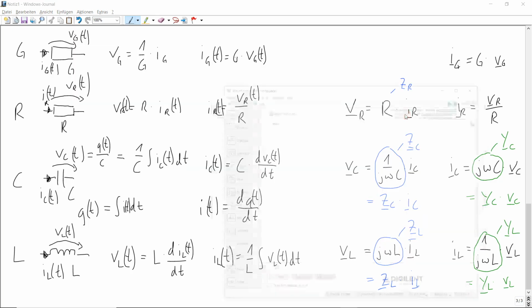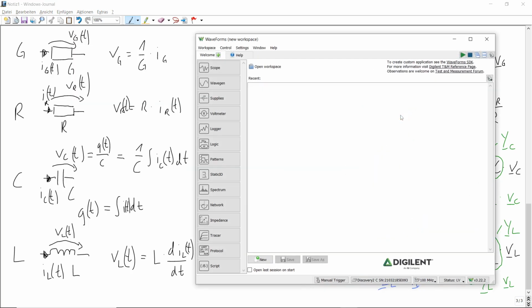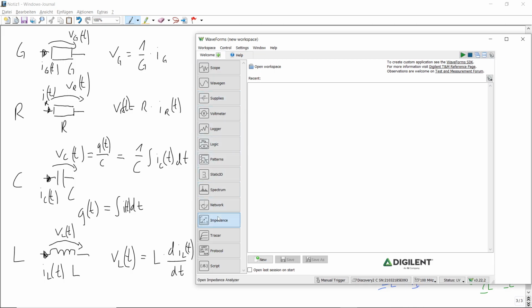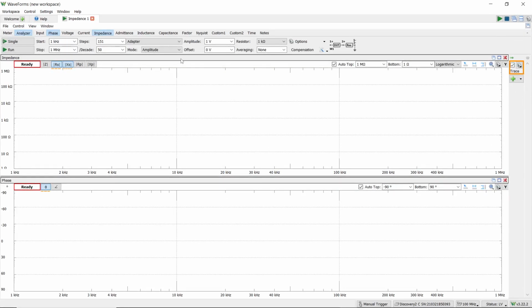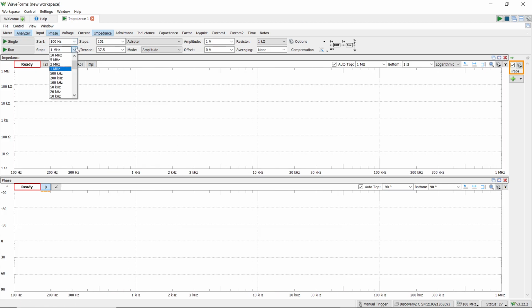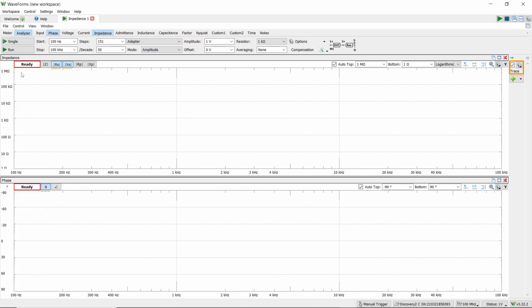So now if we take this proper software here and go to impedance, and so now I have selected here that we have this adapter, and let's say we will start from maybe 100 Hertz up to 100 kilohertz of frequency.